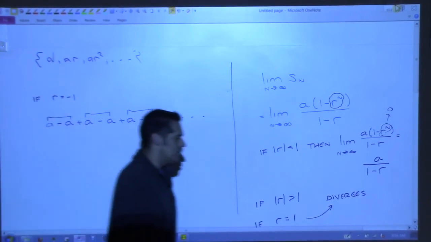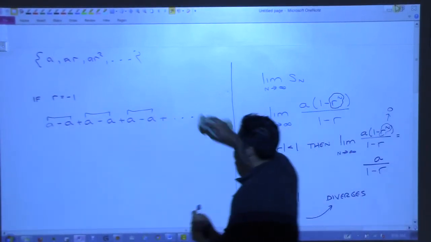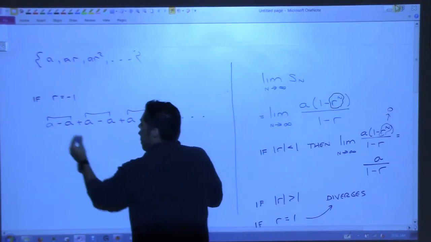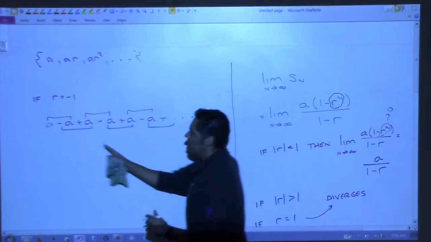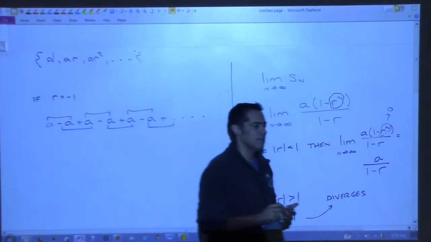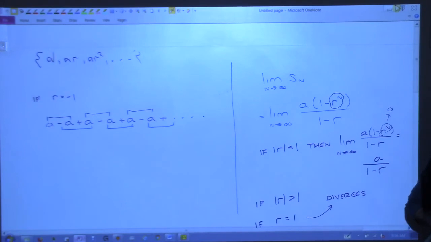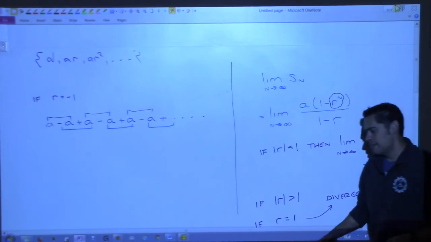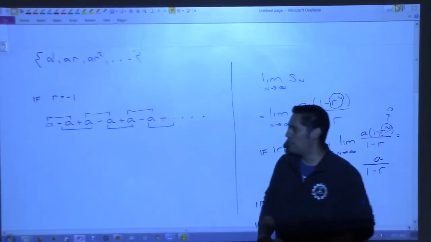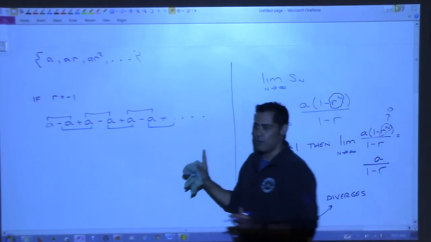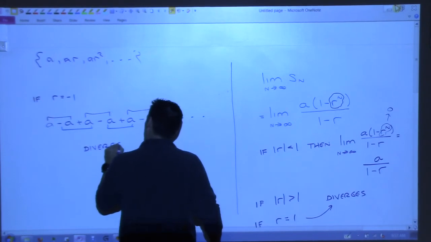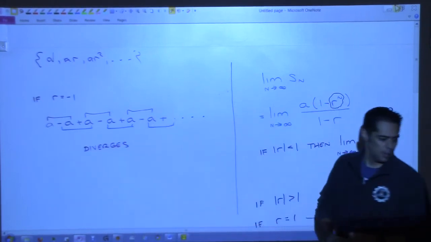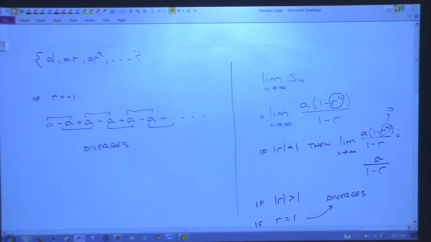But if you decided to group them a different way, if you did these two together, that's 0, 0, 0, but you still have this one left out here, which means that the sum would be a. So is it 0 or a? It's neither and both, okay? So this diverges, all right? This diverges. We'll talk about it later.